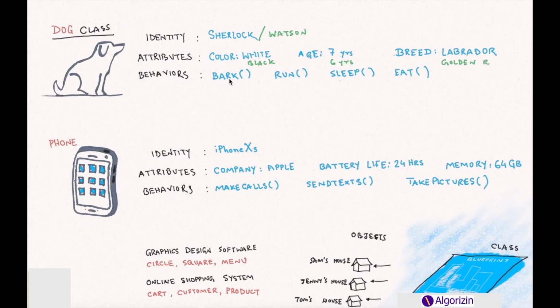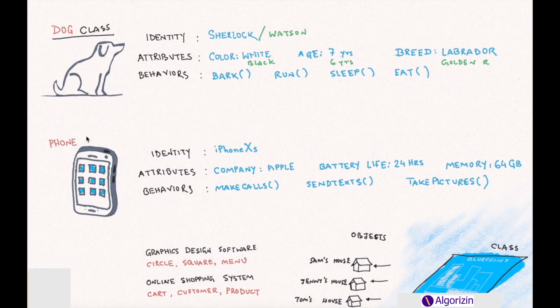Now, the behaviors would be the same for Watson. In the same way, you can create a third dog and a fourth dog and a fifth dog, but you can create them very easily using the class. And of course, we'll look at how we create the class.